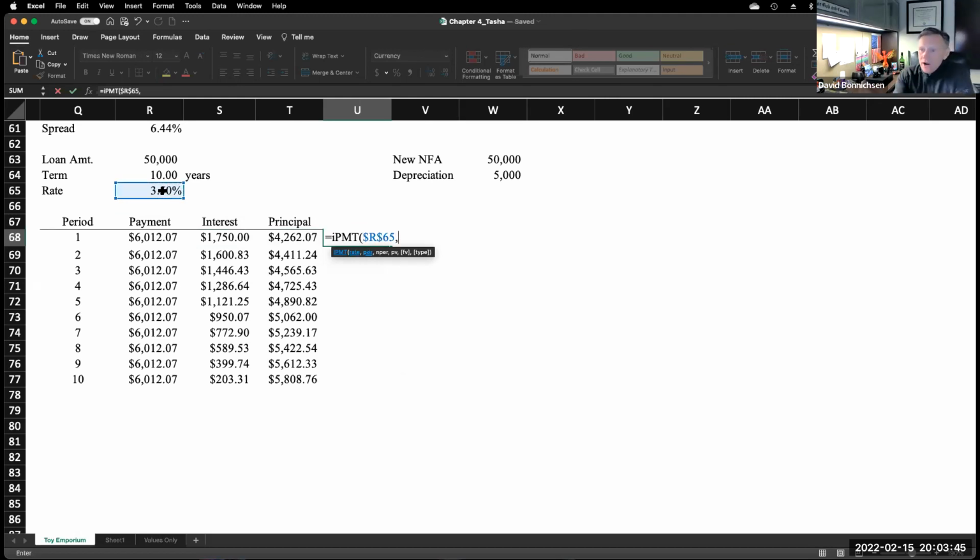Now we have this new variable called period. Now it's asking, what period of your loan are you in, so that I can calculate how much interest you owe me in that specific period, which is also equal to the year of your project. So period 1.